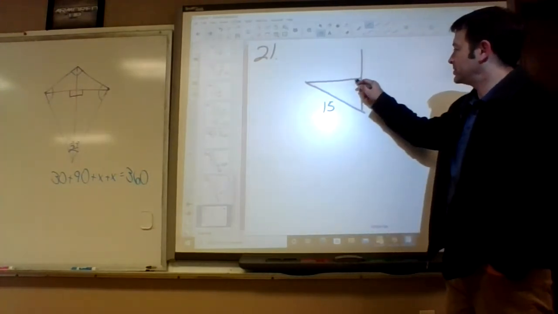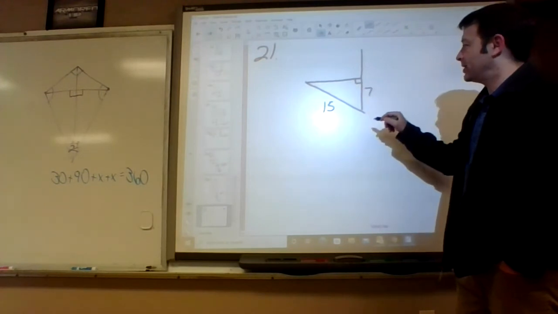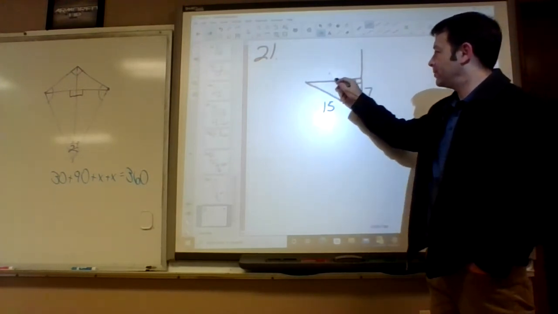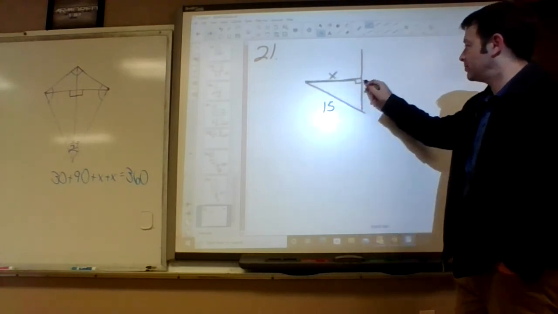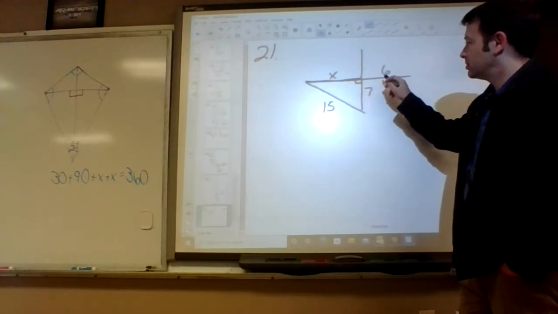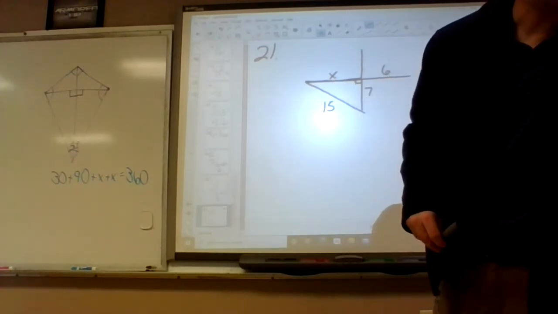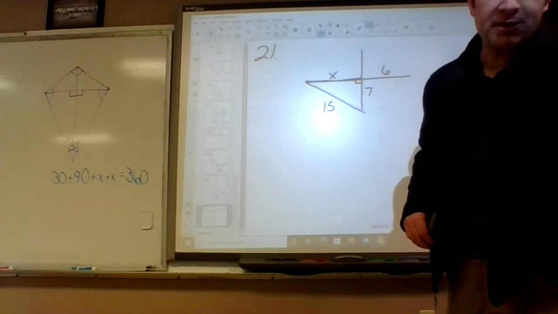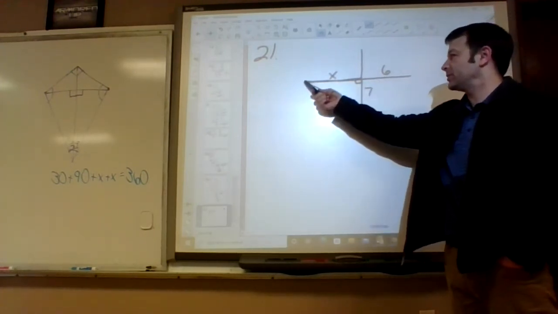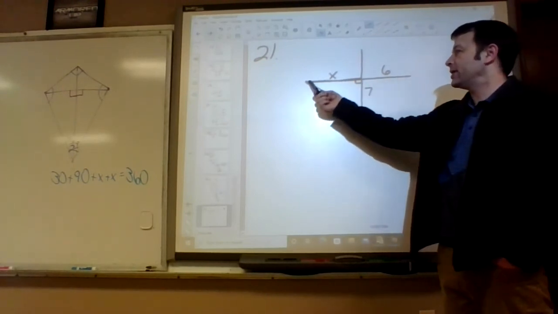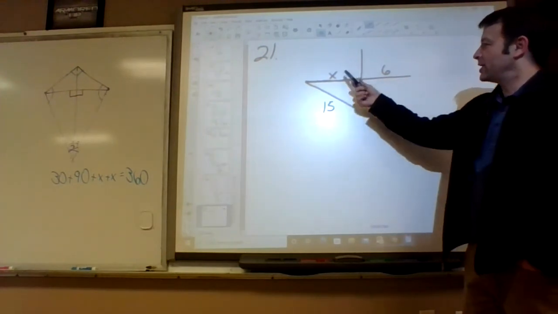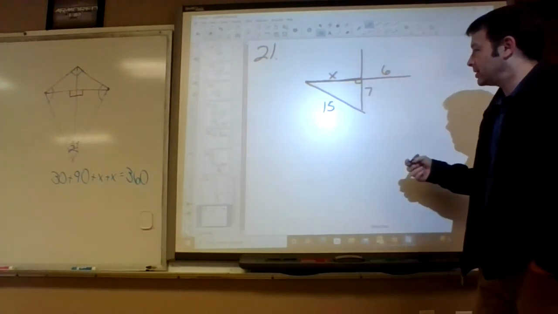Since it's a kite, we know those are 90-degree angles, so there's our triangle. We're not really looking for this part, we're looking for the whole diagonal of the kite. So once we figure out what x is, we have to do x plus 6. Whatever x is plus 6 will be our answer.